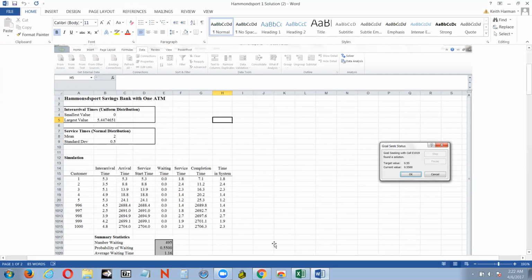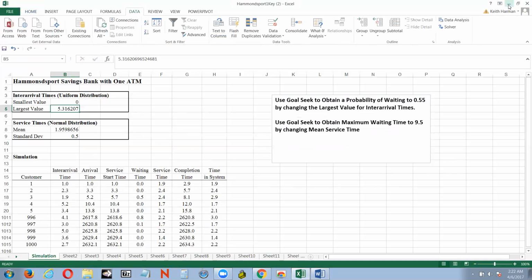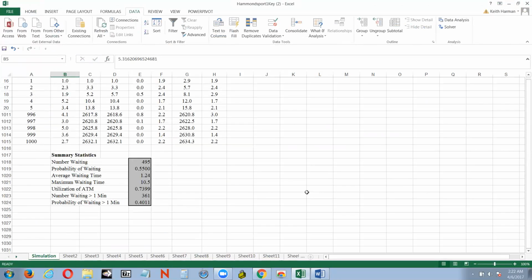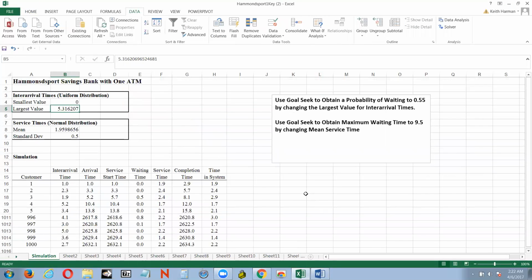And I got a probability of waiting of 0.55. So on GoalSeek, the largest value when I ran at that time was 5.447. Let's look at where we are here. This time, we're at 5.31. We obtained the probability of waiting. Now, here's the point.